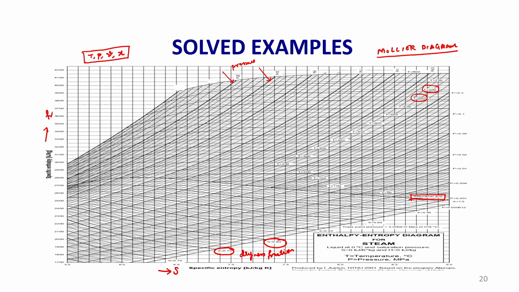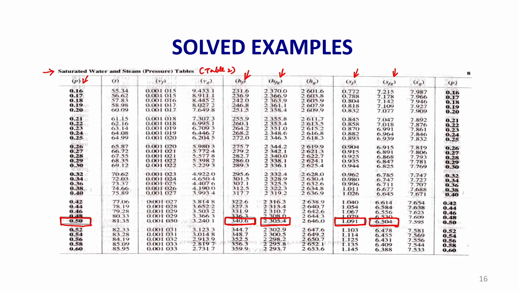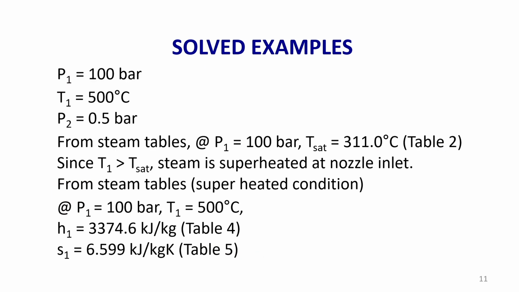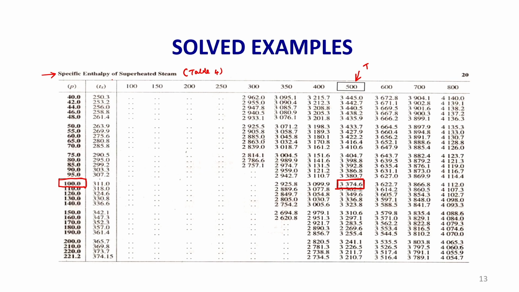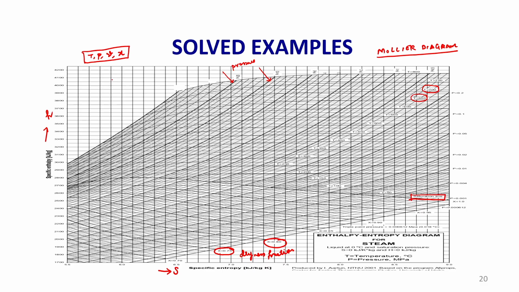Now, suppose we take the same problem, where the pressure and temperature are 100 bar and 500 degrees centigrade. The values of pressure in the Mollier diagram are in megapascal, and the temperatures are in degree centigrade.